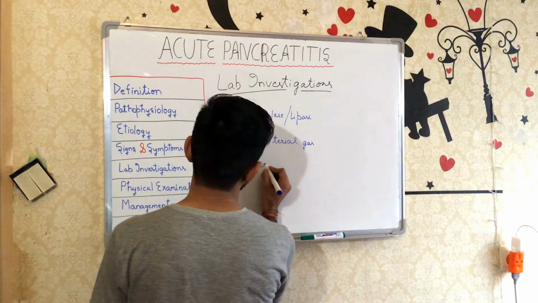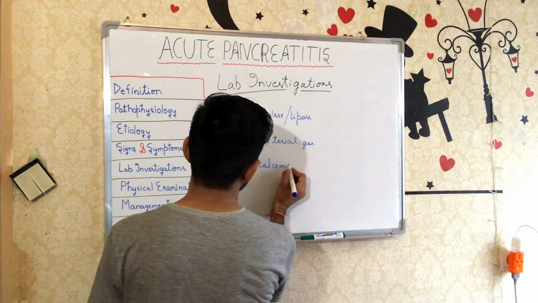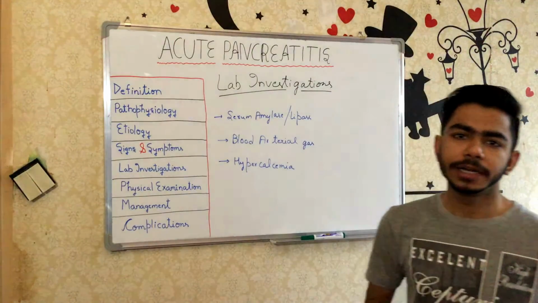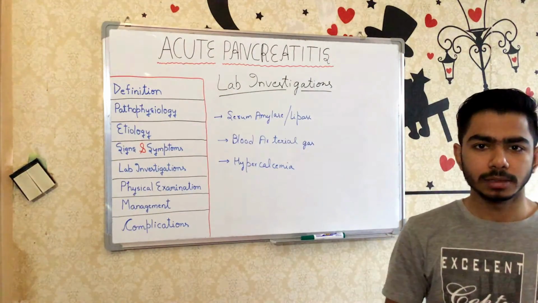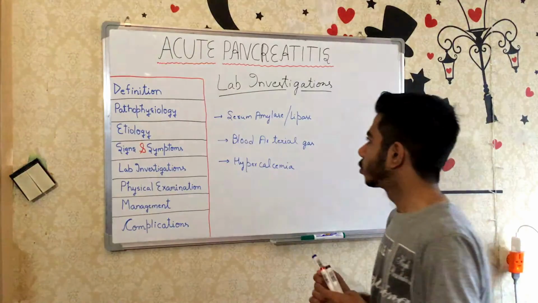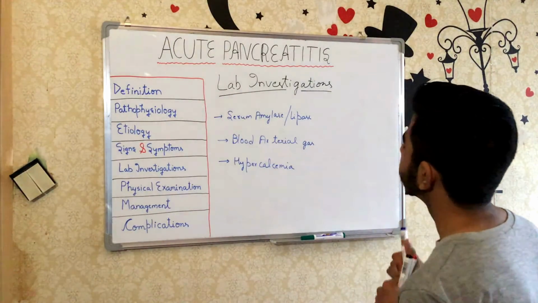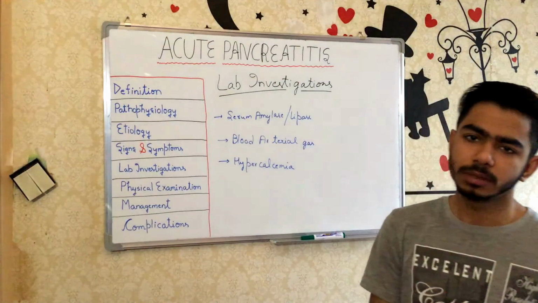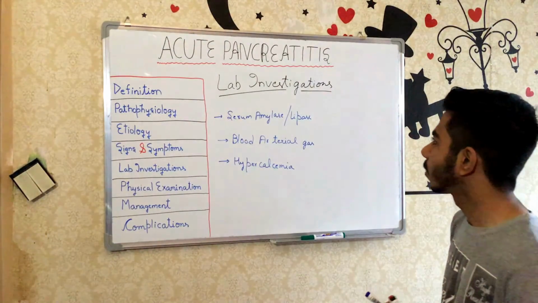And if there is a change in the concentration of calcium in the blood, this can indicate acute pancreatitis. So this was about the lab data, what we can check in such patients and confirm acute pancreatitis.